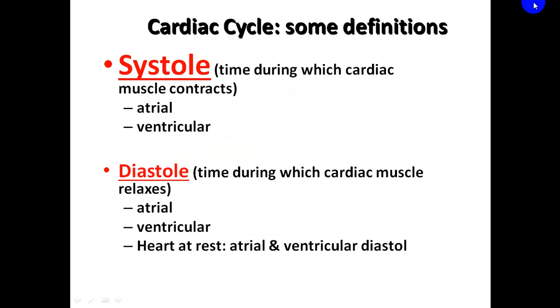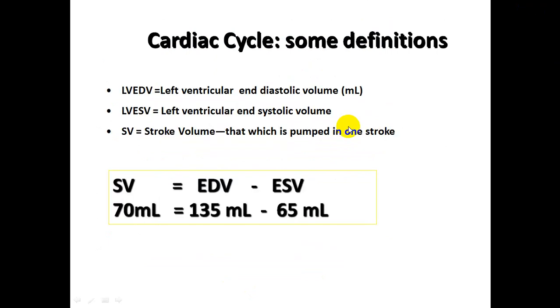So systole is the time during which the cardiac muscle contracts, atria and ventricles, while diastole is the time during which the cardiac muscle relaxes, atria and ventricles. There are some terms you have to know before starting to study the cardiac cycle. Left ventricular end-diastolic volume is the venous return to the left ventricle at the end of diastole.